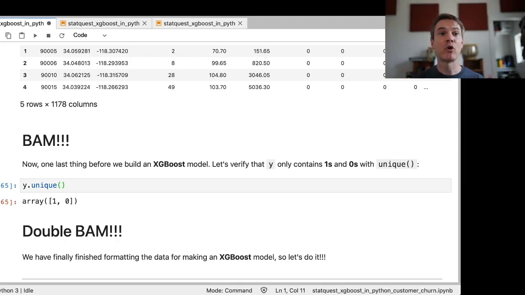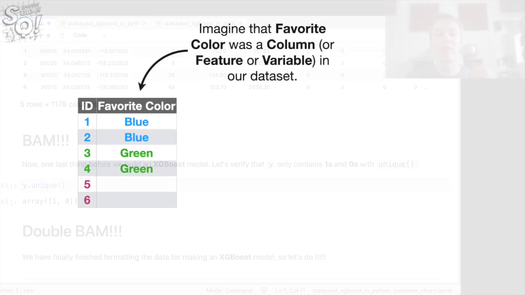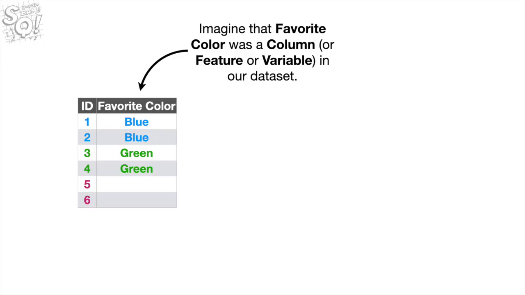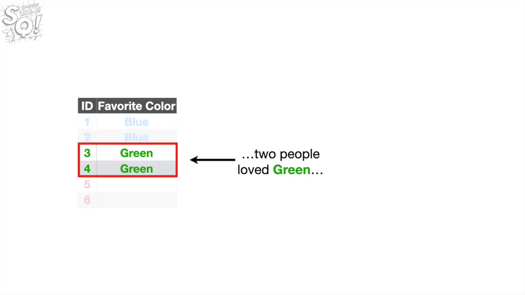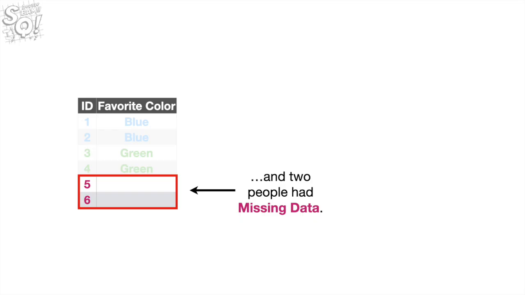However, before we do that, I want to do a mini StatQuest to show how one-hot encoding works, especially when we're coding missing values with 0. So, imagine the favorite color was a column or feature or variable in our data set. 2 people loved the color blue, 2 people loved the color green, and 2 people had missing data.